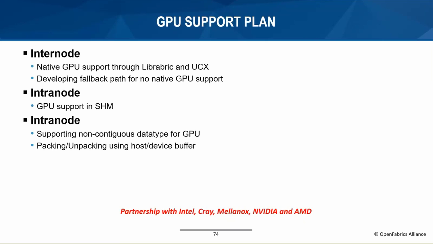It will try to use the native IPC interface if possible, and otherwise it will fall back to just transmitting the GPU buffer information inside the shared memory communication part.